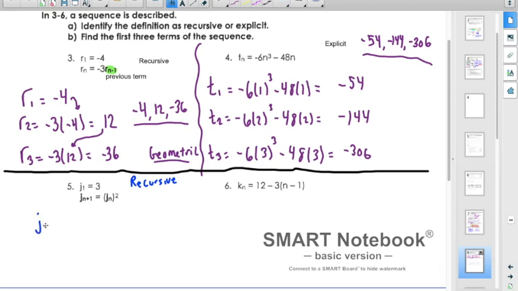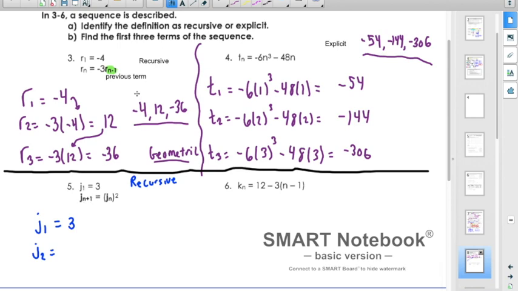So we have the first term, j sub 1, which again, doesn't matter what letter we use. We could use A, we could use B, we can use J. J sub 1 equals 3. J sub 2, well, what do we do for recursive again?